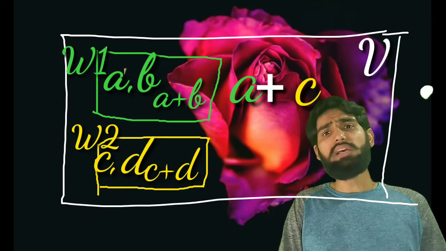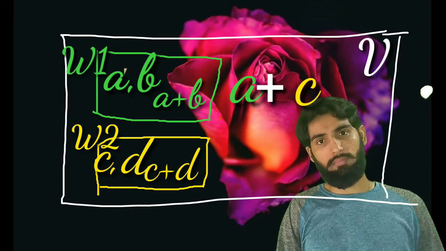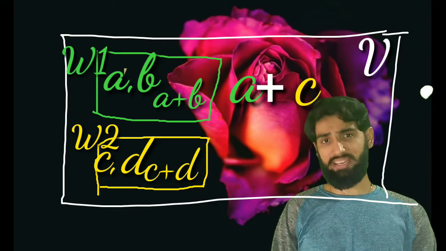It will be in the union if it is in either of them. So in most cases you will observe that it will be outside of that union W1 union W2.